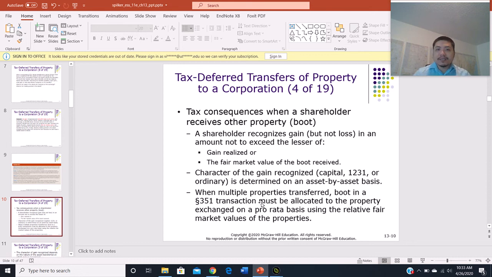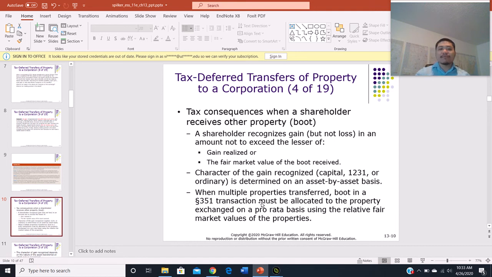In that case there's a boot involved, because the corporation is giving something to the shareholders other than the stock. So similar to a like-kind exchange, the shareholders have to recognize the gain to the extent of the boot involved.